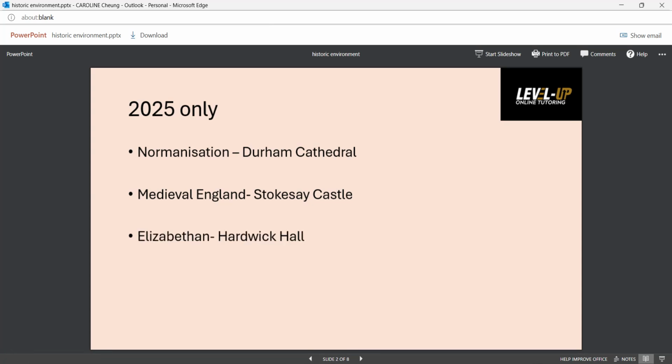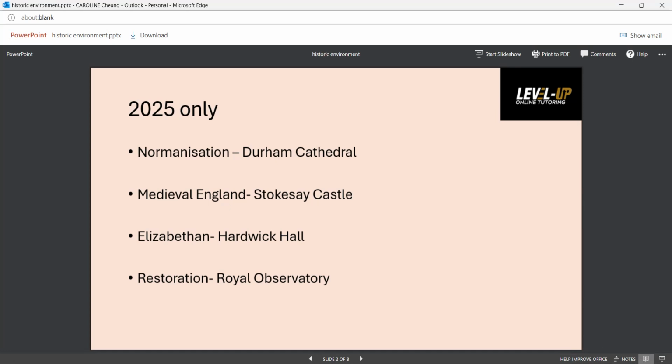If you're doing Elizabethan, you've got Hardwick Hall. And if you're doing the Restoration period, you've got the Royal Observatory. If you're in Year 10, you're going to have different sites. Still watch the video though, because how you answer the question is going to be the same. I just don't want anyone to go away and learn the wrong topic.